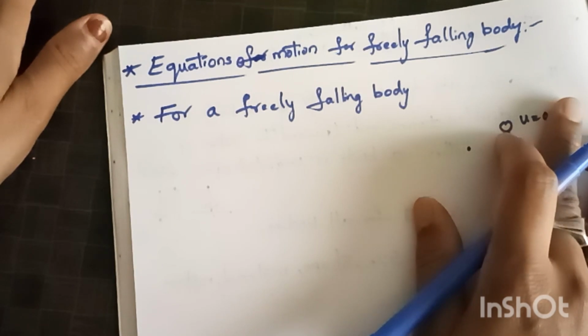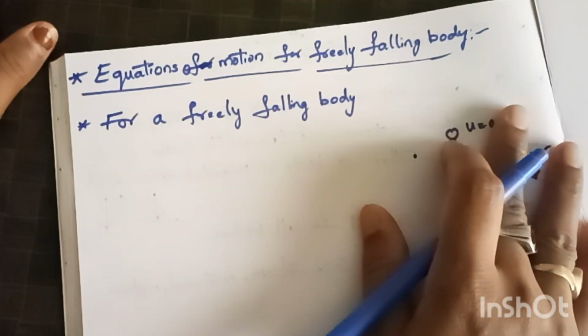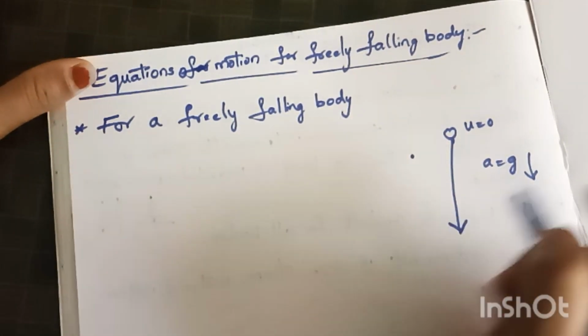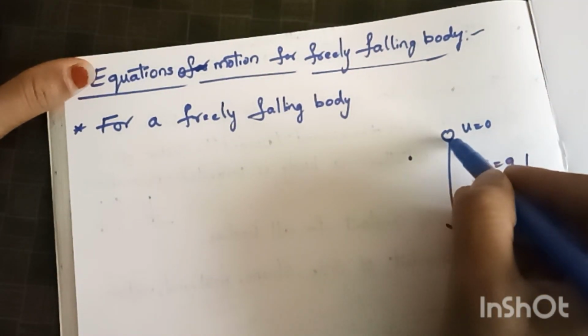As I said, the acceleration due to gravity g is positive for a freely falling body and will be negative for a vertically projected upward body. So based on that concept, we are going to write some equations for a freely falling body and vertically projected body. Suppose an object is falling freely.